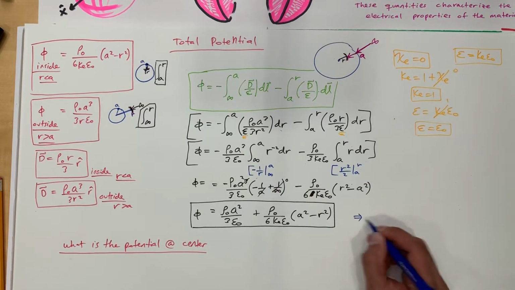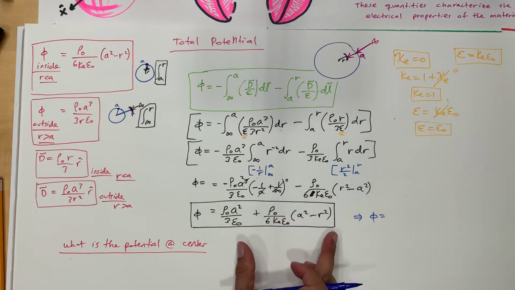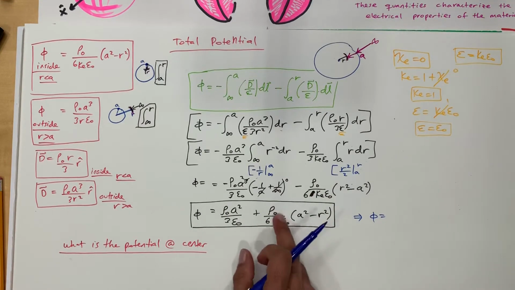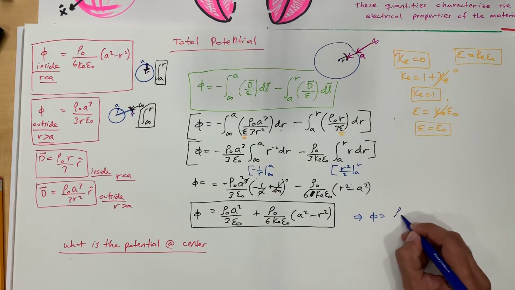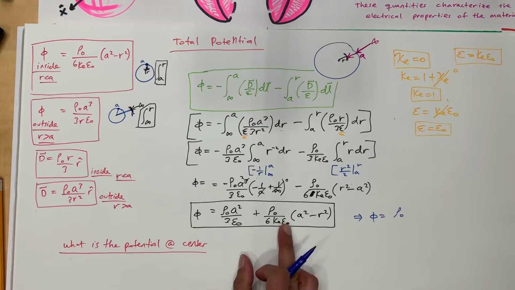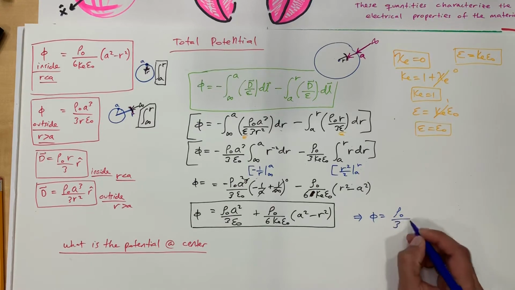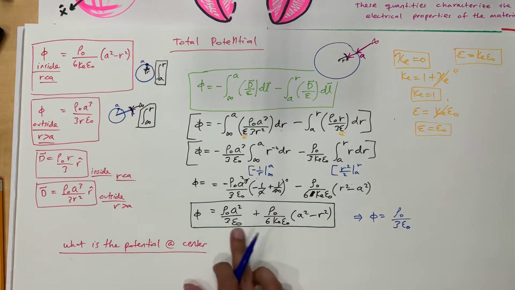So I'm going to take this answer and pull out, let's say, the rho naught and A squared. Maybe let's not move that fast. Let's pull out 3, 3 and epsilon naught.